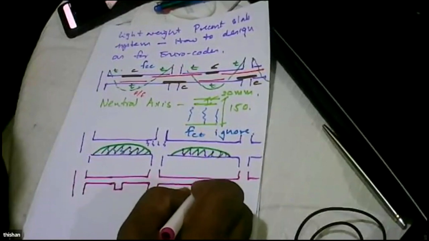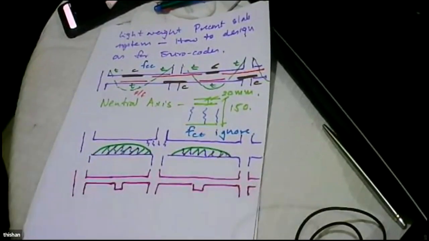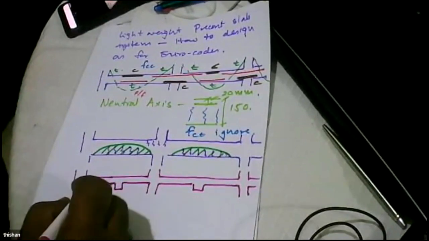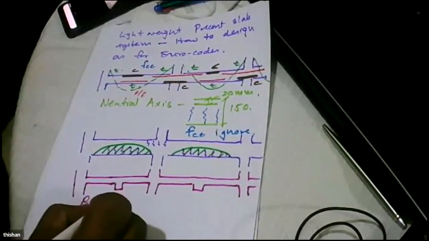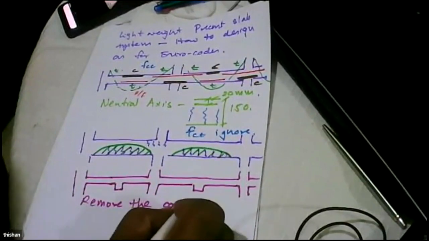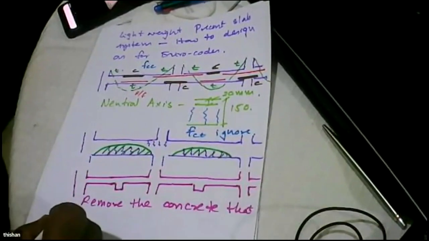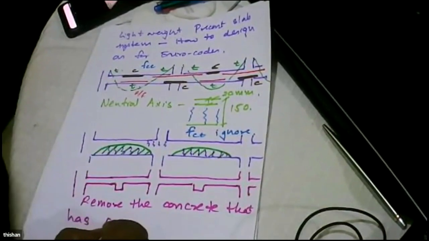Here again, it's going to sag because now it's thin. Put a beam. So what we are saying is remove the concrete that has cracked.